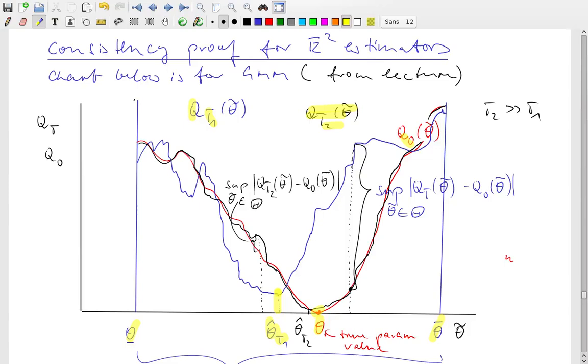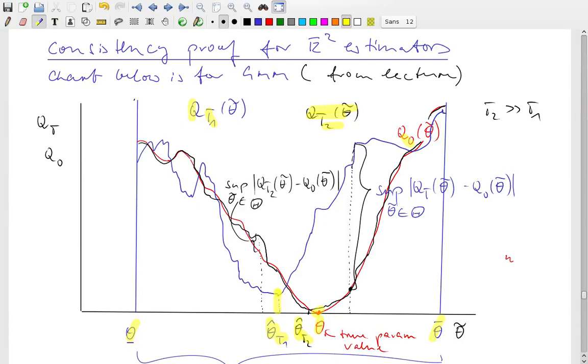And accordingly, the minimum of this black function, this theta hat t2, is pretty close to theta. Right? If the functions resemble each other, so should the minima of these functions. And that's an illustration of what we refer to as a convergence of the Q t function to the Q naught function.